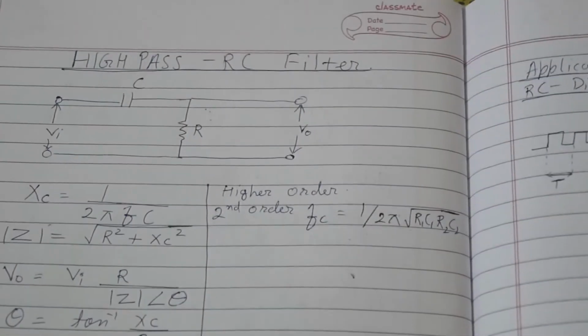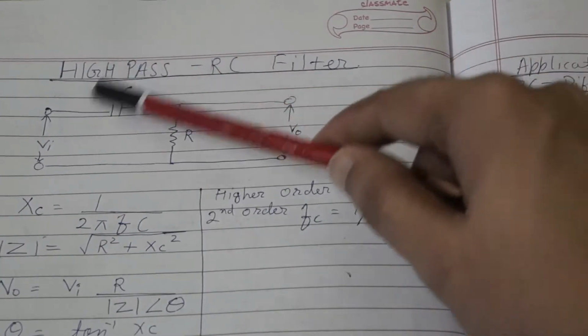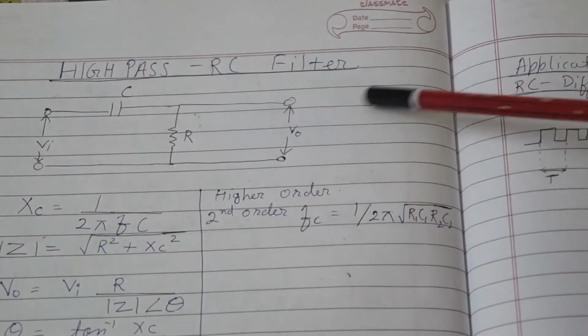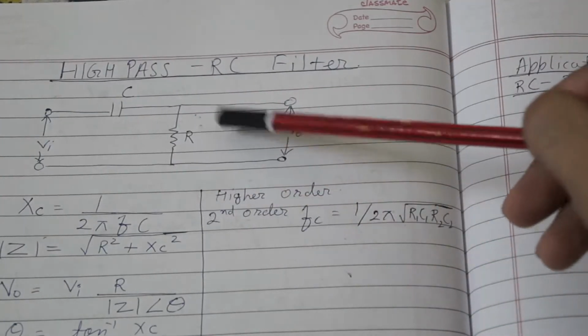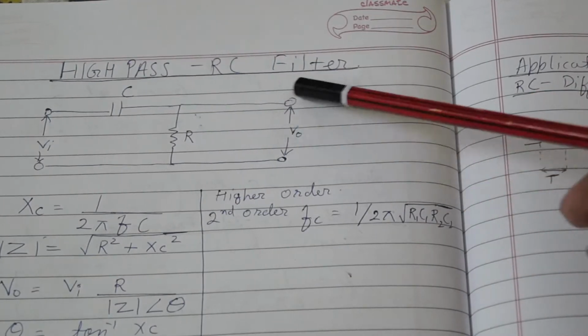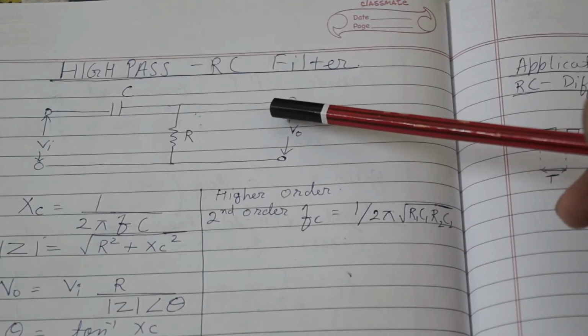Similarly, as in the low pass circuit, we can cascade this circuit multiple times, and this is the first order circuit. If we use a capacitor here and a resistor over here, it becomes a second order filter.